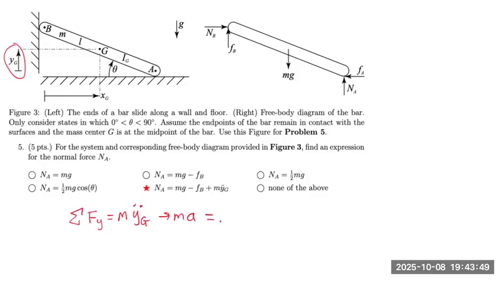And this is equal to mg, which is the weight of the rod, down. It's going to be negative because we can define the positive and negative coordinates as x and y over here. So it's going to be equal to negative mg, plus FB, plus NA.